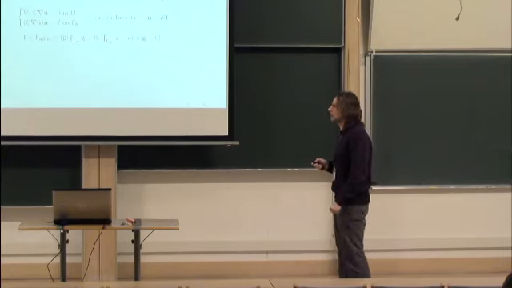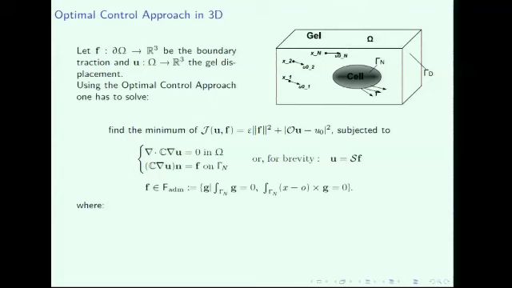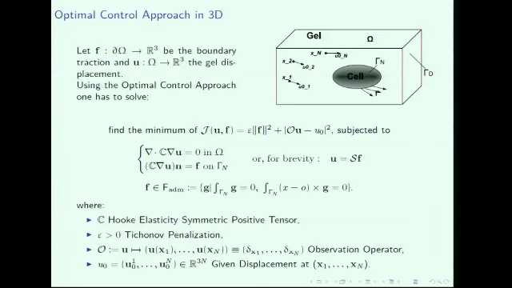Also, we have a constraint because cells can exert only forces that are balanced, so we have the constraint of null average force and null average momentum. As I've said, capital C is the elasticity symmetric positive fourth order tensor. Then epsilon is the Tikhonov filter.